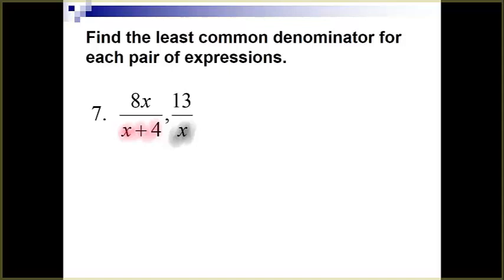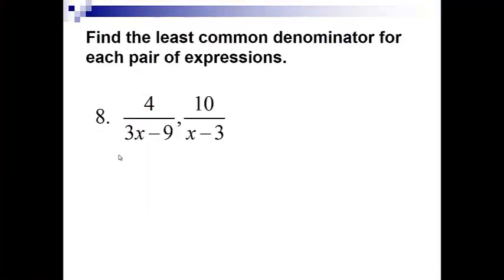The highest exponent of x plus 4 that I see, well, there's only one x plus 4, so it's just x plus 4. So that one's taken care of. The highest exponent of x that I see is x, so now that one's taken care of. So the lowest common multiple of that denominator would be x and an x plus 4. And again, you need to know the lowest common denominators for fractions or rational expressions because you're going to be adding them.